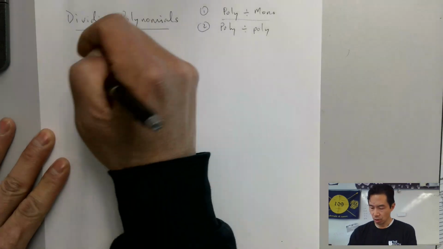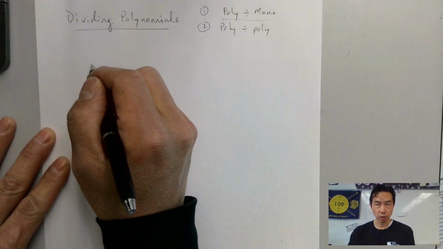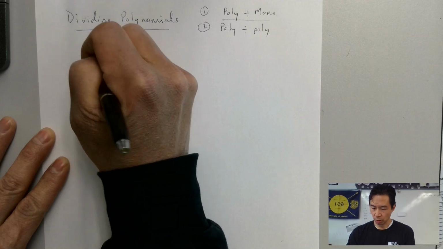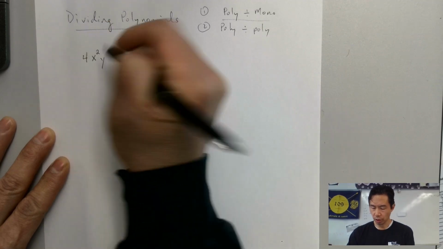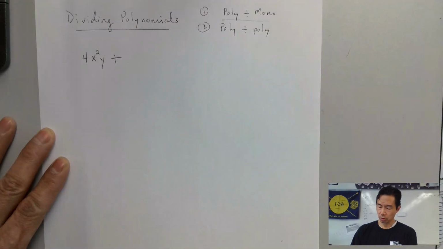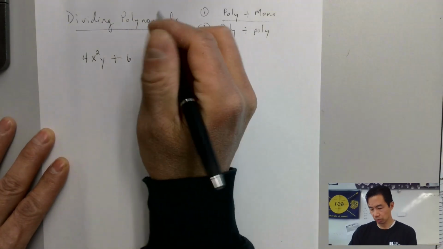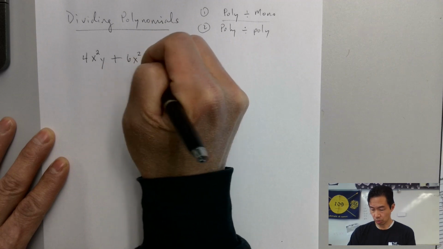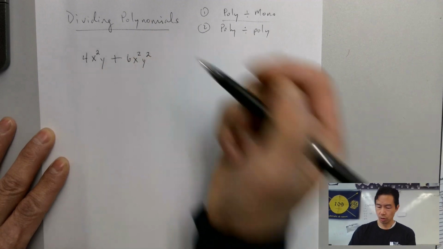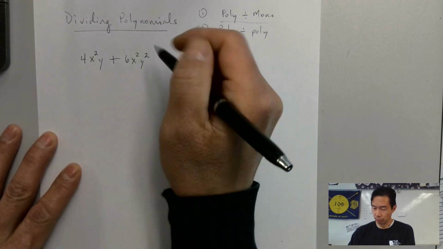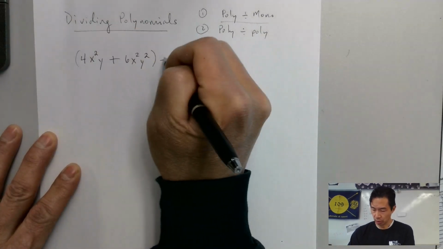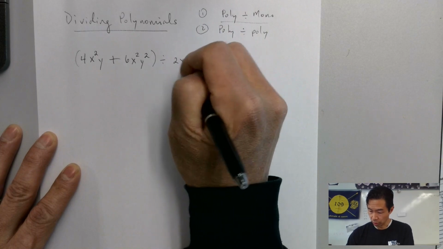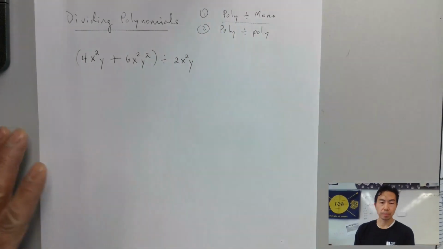So I'll start with a simple binomial. Let's take 4x squared y plus 6x squared y squared and divide it by a monomial, 2x squared y.